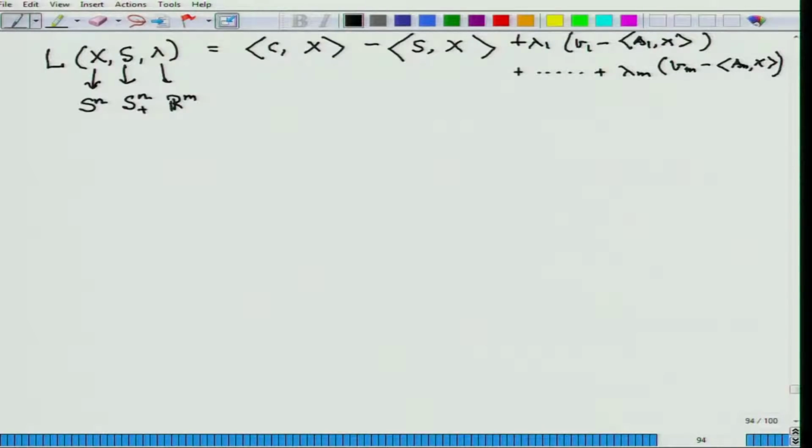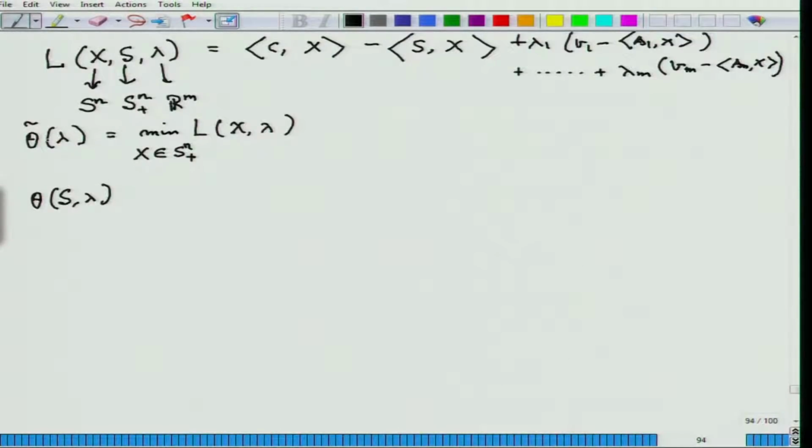Now, once you know this, you can again say that I can either construct my dual function as theta naught of lambda by minimizing L of x, lambda over x in Sn plus, or I can construct theta hat of S, lambda, and then of course maximizing.